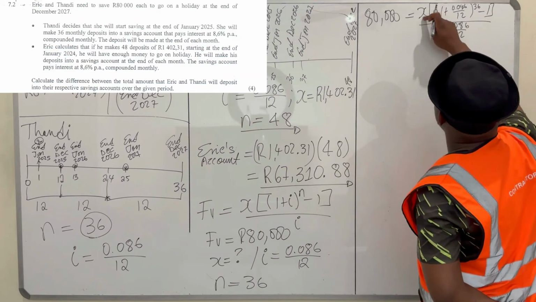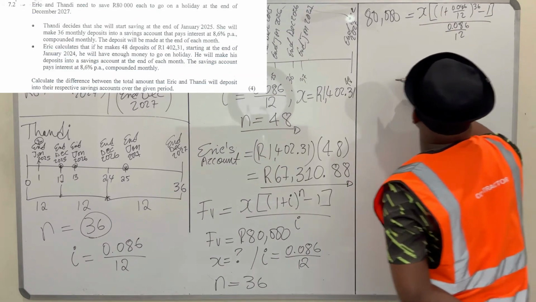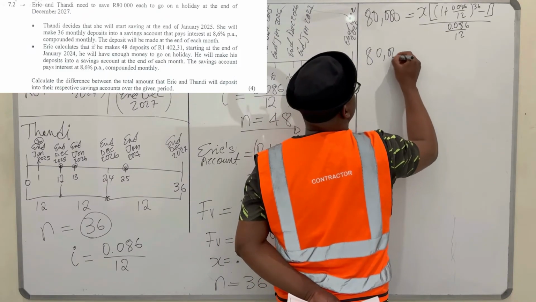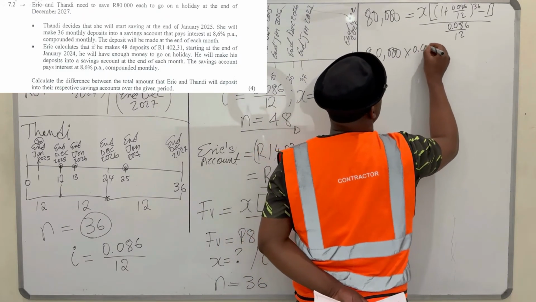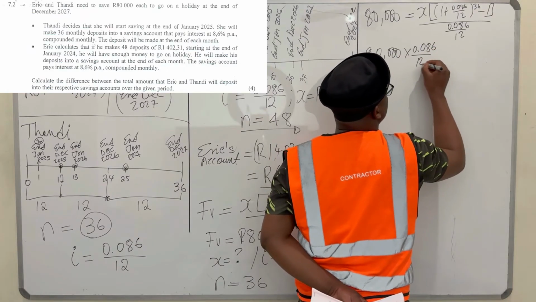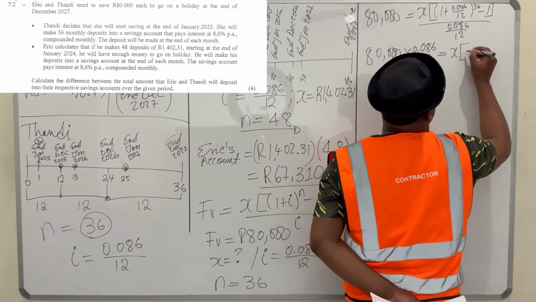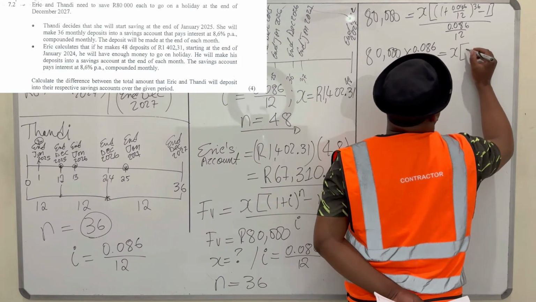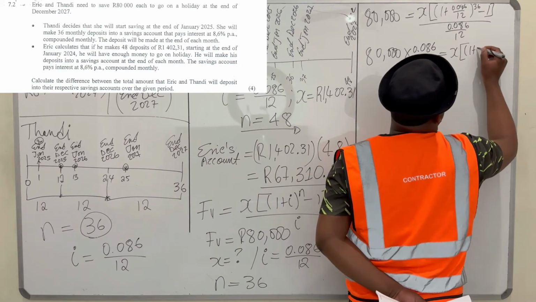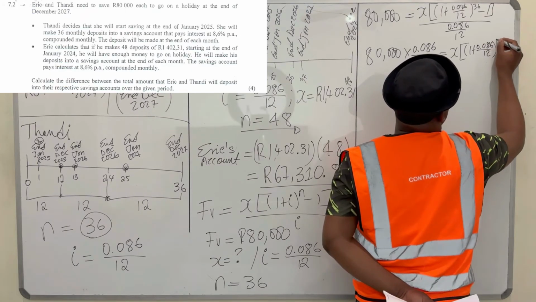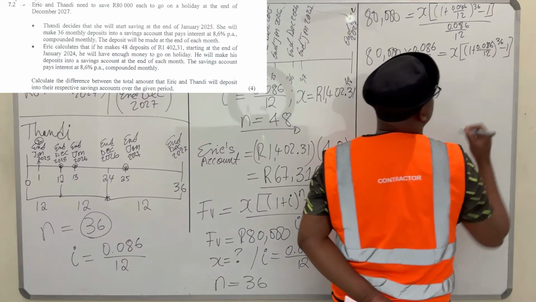So we want the value of x. Cross multiply. So it will be 80,000 times 0.086 over 12 is equal to x times 1 plus 0.086 over 12 raised to 36 minus 1.